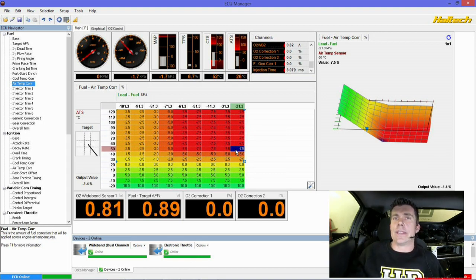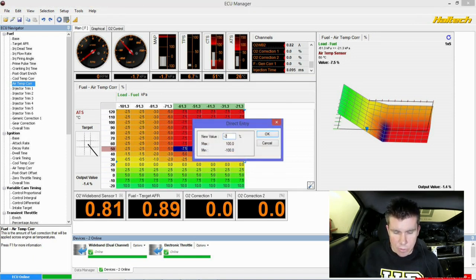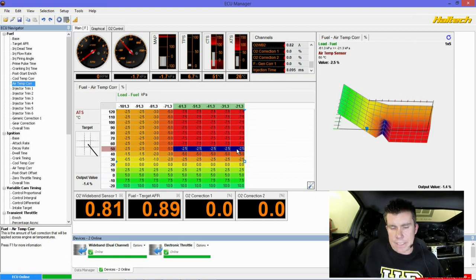All we do there is apply our change that we want to the table. So if we want to go 5% richer at 50 degrees to give us our richer target air fuel ratio, all we would do is make that change into this table. So say at 50 degrees we would add 5%, so that would take our number in this table to minus 2.5 instead.